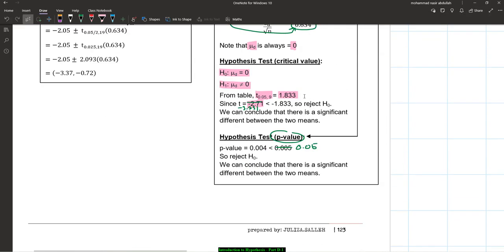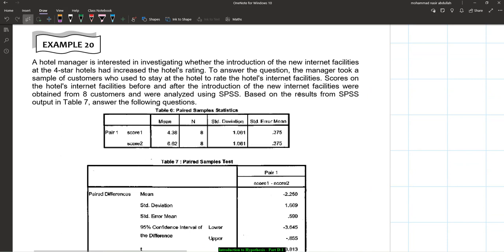That is a new version upgrade, right? So now let's move to example number 20. In example number 20, a hotel manager is interested in investigating whether the introduction of new internet facilities at a 4-star hotel had increased hotel rating. To answer the question, the manager took a sample of customers who used to stay at the hotel to rate the hotel internet facilities.